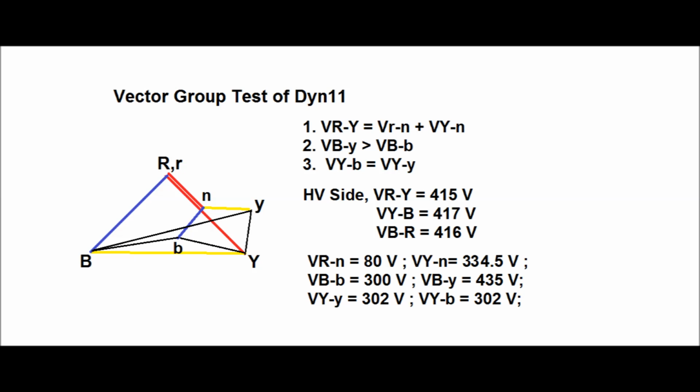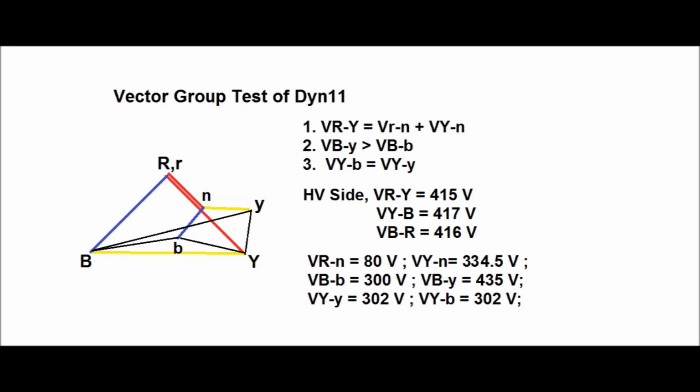So you can see that condition 1 is satisfied, that is BRY, the voltage between HB side red and yellow phase, which is 415 volt, and which is the sum of the voltage between HB side red and LB side neutral plus HB side yellow and LB side neutral, that is 80 plus 334.5, which comes as almost equal to 415 volt.